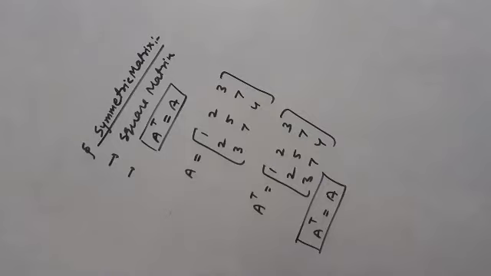Now write down the definition. A square matrix is said to be symmetric if there is no change after transposing, that is, A raised to the power T is equal to A. Now come to this matrix.